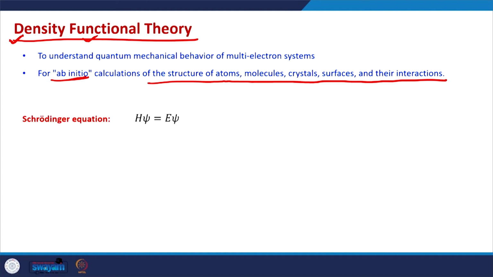If we have any quantum system, all the information about that system is encapsulated in the wave function of that system, and the wave function is obtained from the Schrodinger equation. The Schrodinger equation is a very simple and elegant equation.